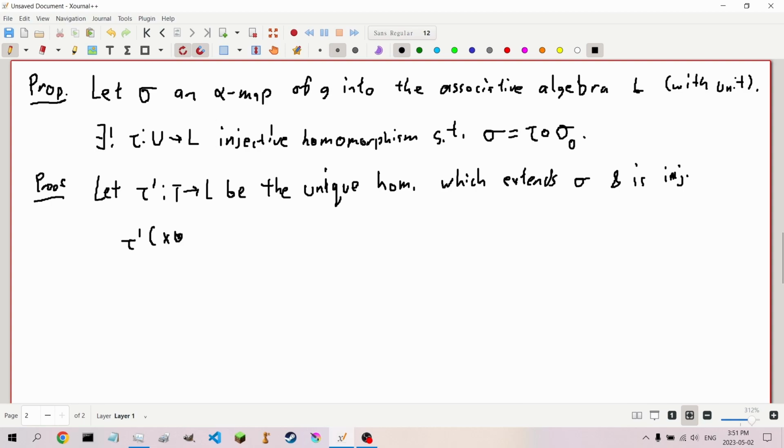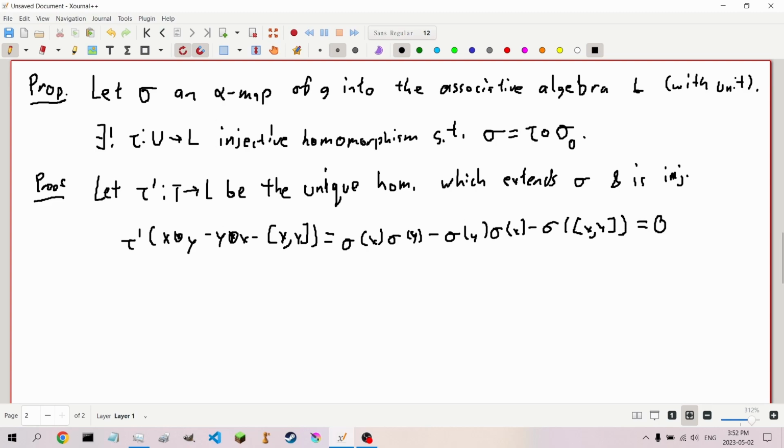So x tensor y minus y tensor x minus their bracket, from the ideal which we're dividing out to be 0: sigma x, sigma y minus sigma y, sigma x minus sigma of their bracket, which is of course going to be 0.